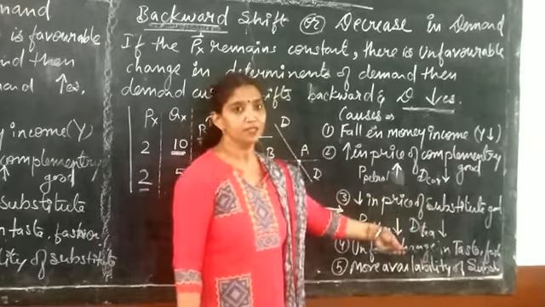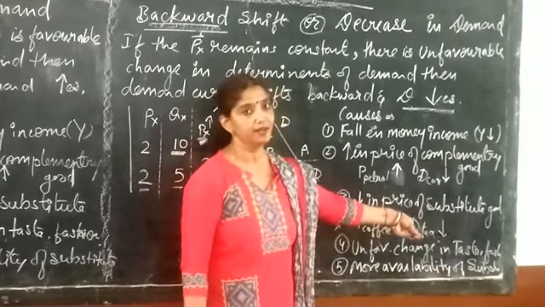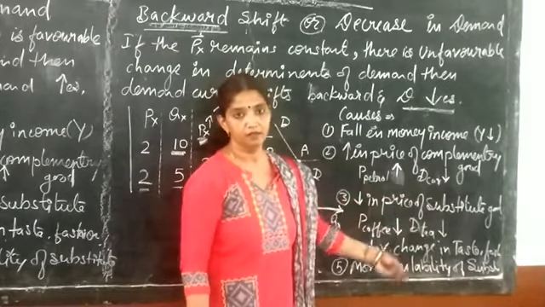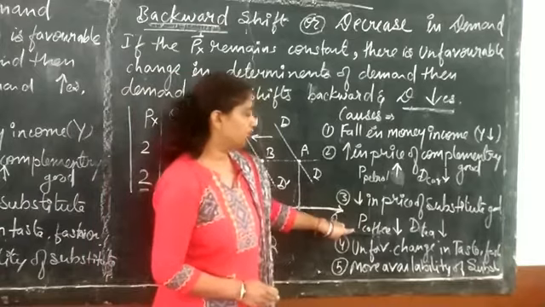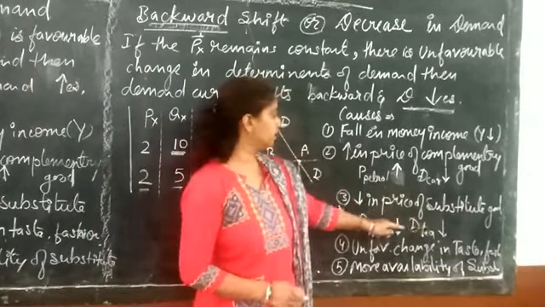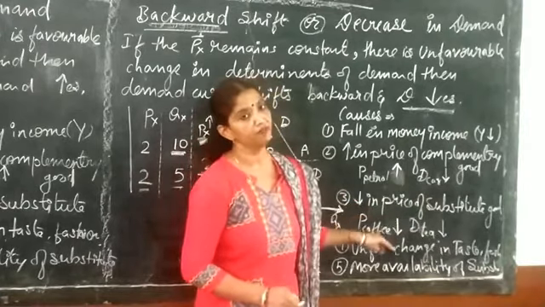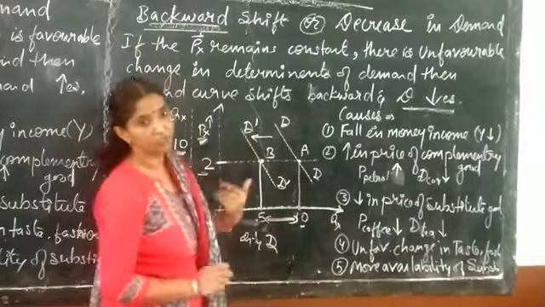So many consumers will be attracted towards coffee as tea is costlier for them. So they prefer coffee and they will reduce the demand for tea. This is called reduction in the demand for tea. It will create the backward shift.